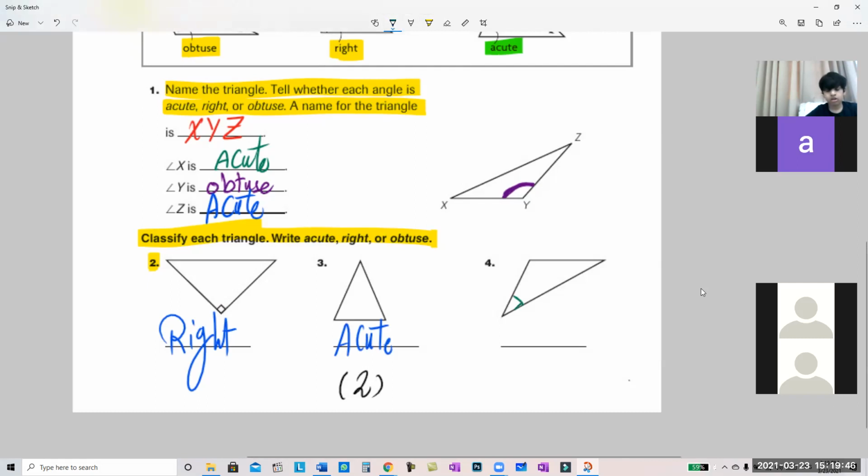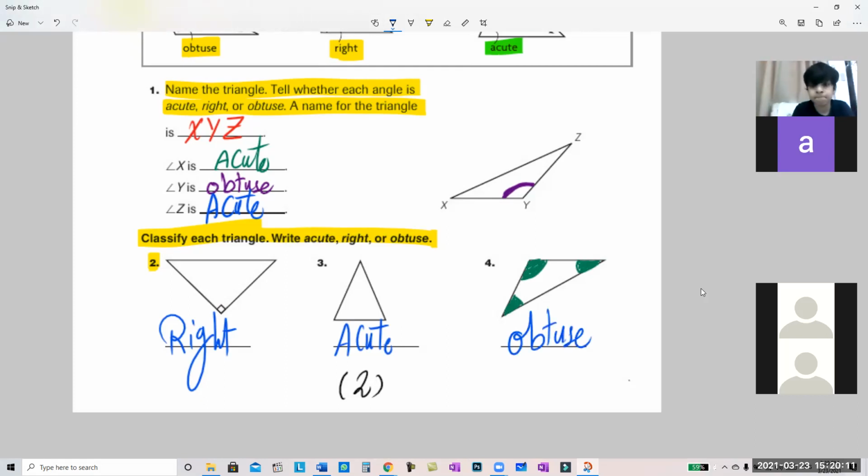This is acute, right? Yes. This is acute. And this is acute. What about this? No, this is obtuse. Yes, so obtuse. Yeah, it's an obtuse triangle. Okay, guys, write this and then we're going to move to the next page. Thank you, Yazan.